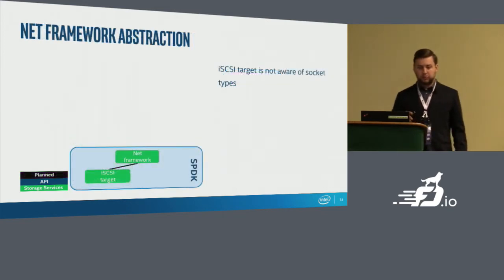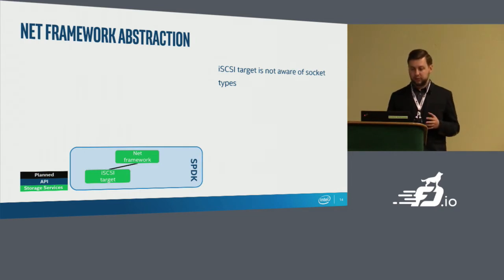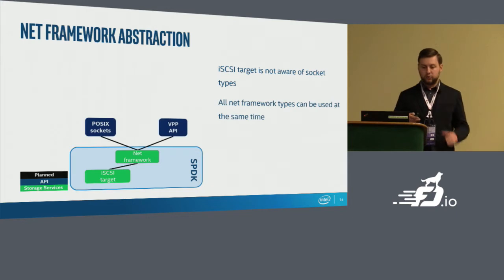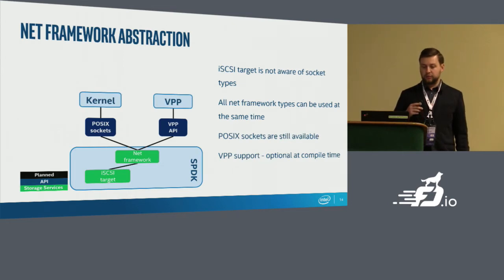Here is a brief overview of the net framework abstraction that we use to provide different sets of APIs, both from the bottom and from the top. This net abstraction that we use in the iSCSI target basically interacts with POSIX sockets and VPP at the same time at runtime. POSIX is still available, it's not replaced by VPP, just supplemented, and VPP support has to be compiled in, since that's an external dependency.